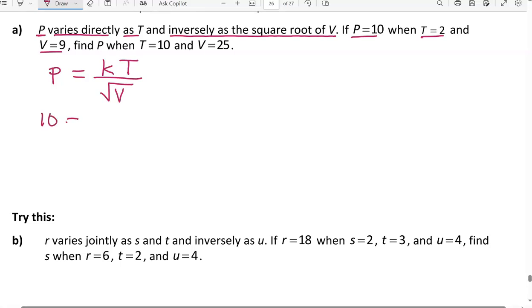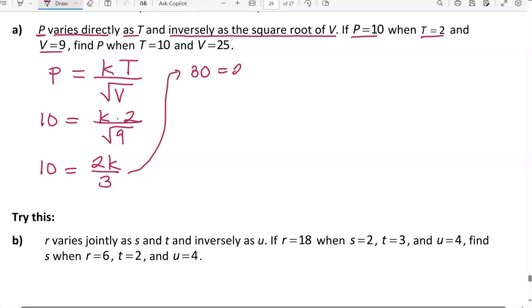So P is 10 whenever t is 2 and v is 9. So substitute all those values in. That gives us 10 is equal to 2k divided by 3. And if we multiply both sides by 3 to clear the fractions, 30 is equal to 2k and k is equal to 15.